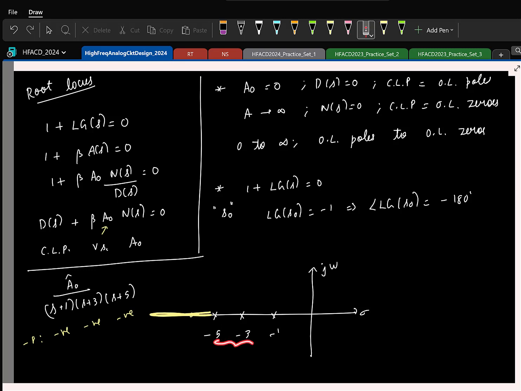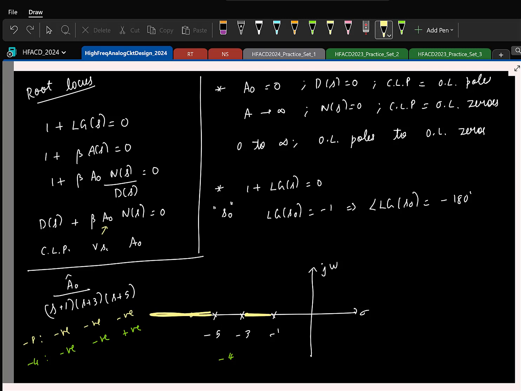So what about this section? Let me take some point in between, say -4. If I take -4, the first term is negative, so overall it's positive, so this cannot be a closed loop pole for sure. So then can you generalize the observation? What about this section? We can again say it can be.